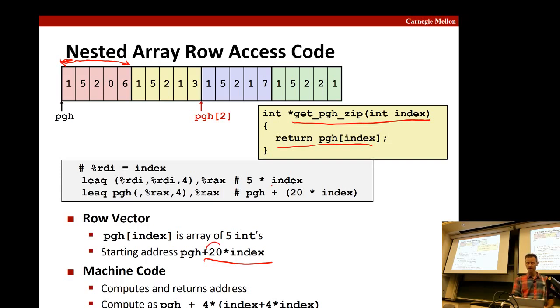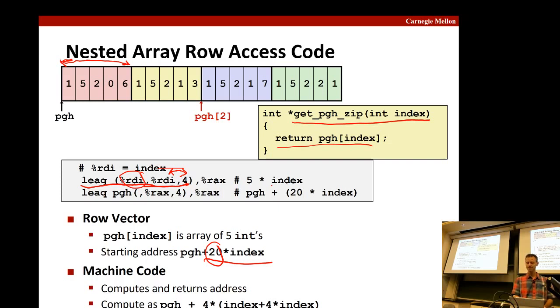Multiplying by 20, the compiler is smart enough to figure out how to do that in just 2 steps that don't involve an integer multiply. The first thing it does is use our friendly LEA instruction. If you remember the addressing mode, it takes this quantity here and adds it to the product of these 2 things. Since I gave it RDI in both cases, that's equivalent to multiplying what's in RDI by 5.